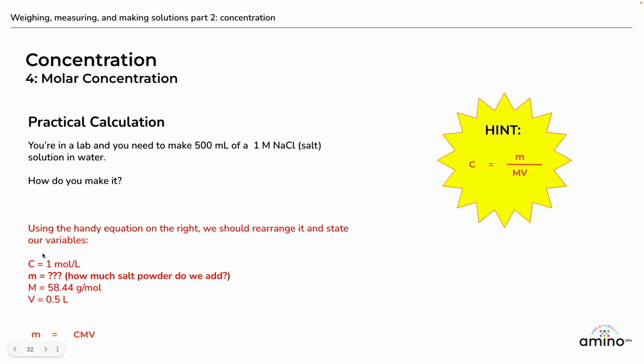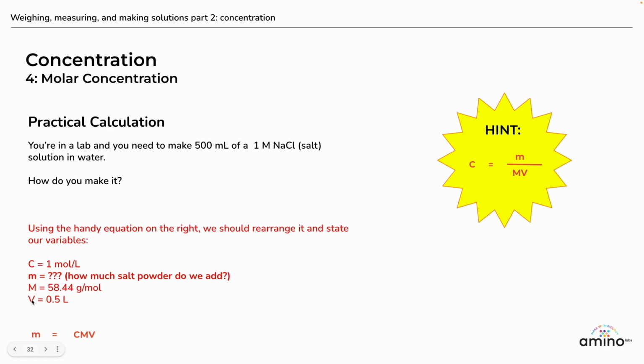We know our concentration is 1 mole per liter. Again, that's what this big M stands for, molar. We know the molecular weight of sodium chloride. We can go to a periodic table and add up the atomic weight of sodium and the atomic weight of chlorine, and we get 58.44.